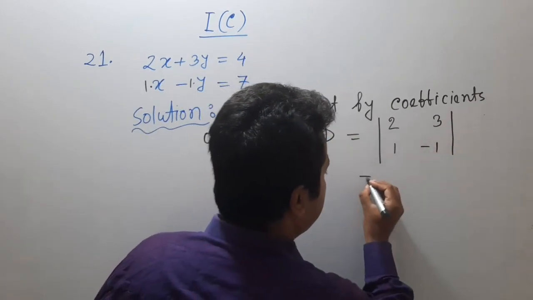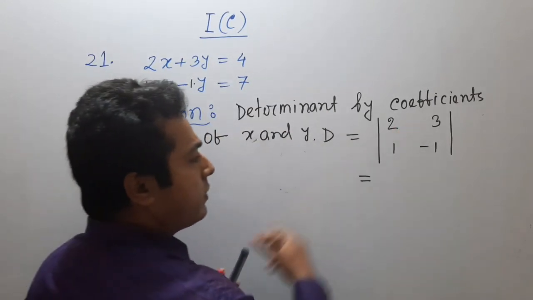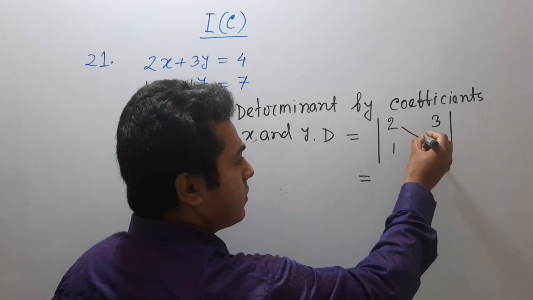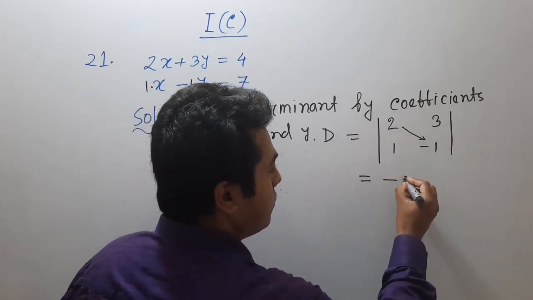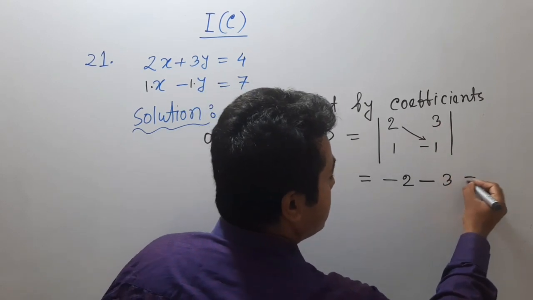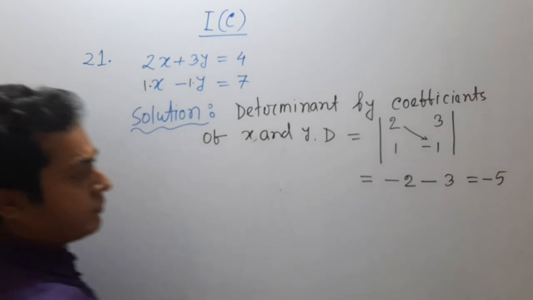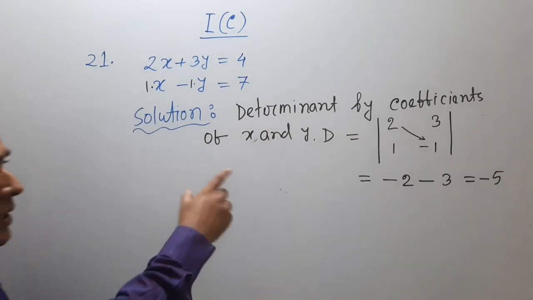The value of this is equal to, multiplying this way, -2 and -3, which is equal to -5. Okay, this is the value of D.